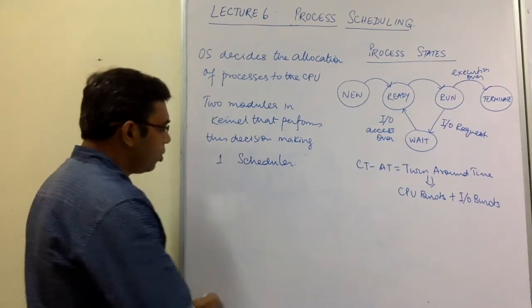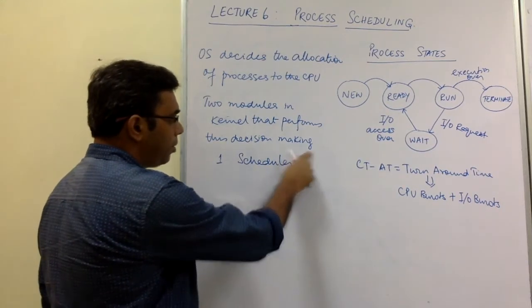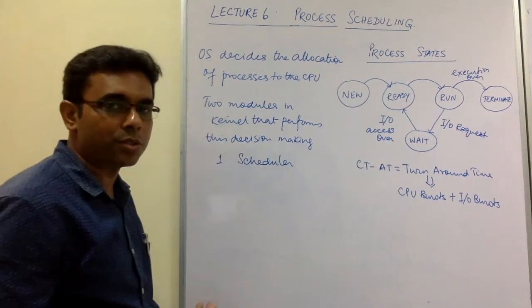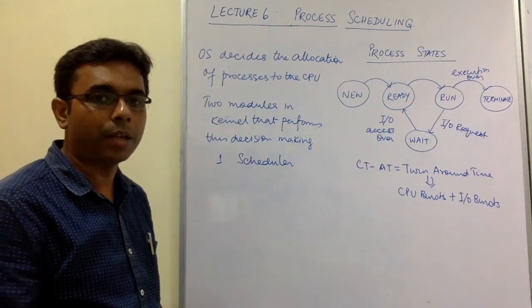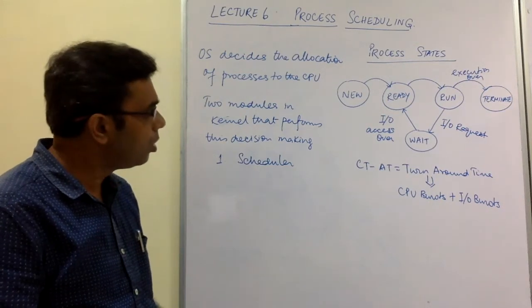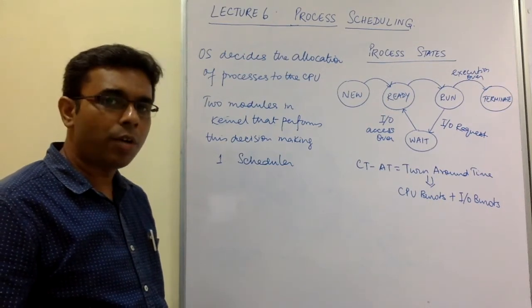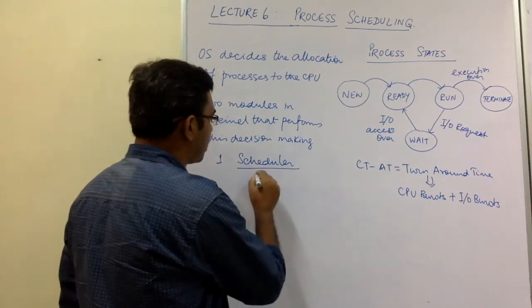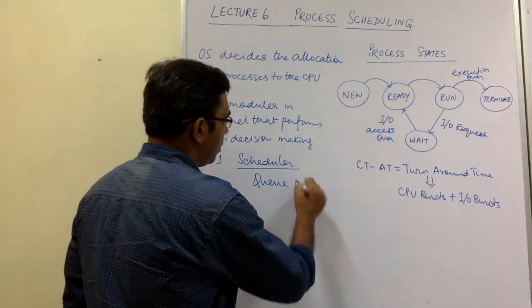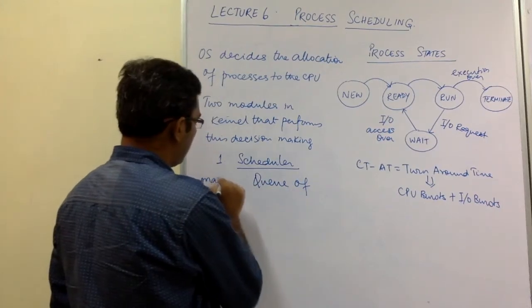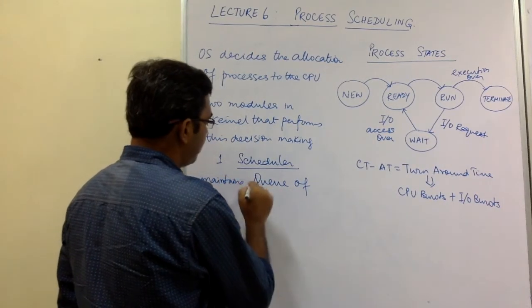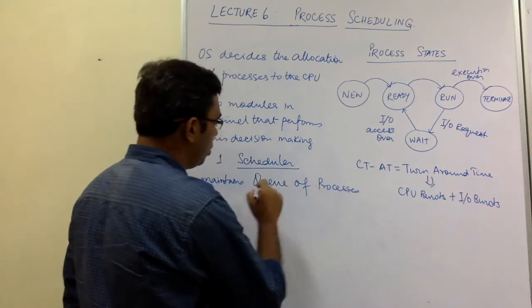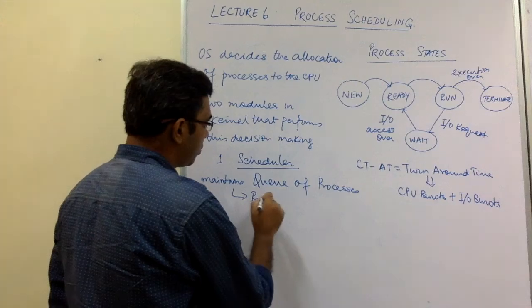Now this scheduler, which will be performing this decision, where does it find these processes? And how does it perform that? Interestingly, the scheduler maintains a queue of processes, and this queue is called the ready queue.